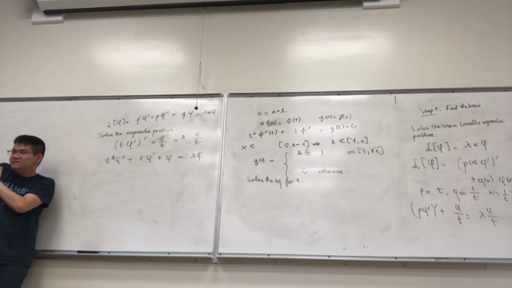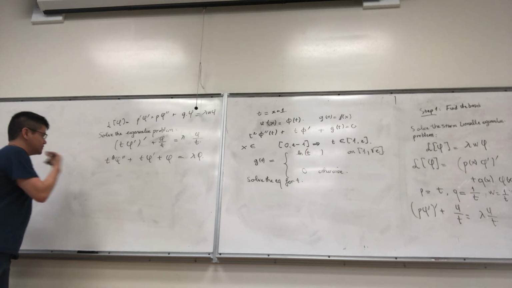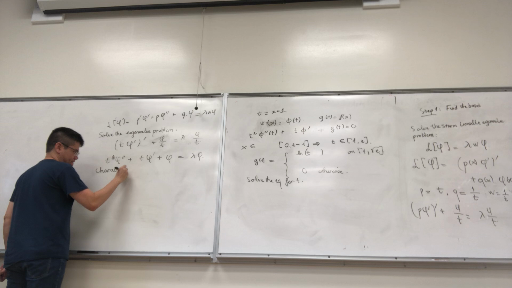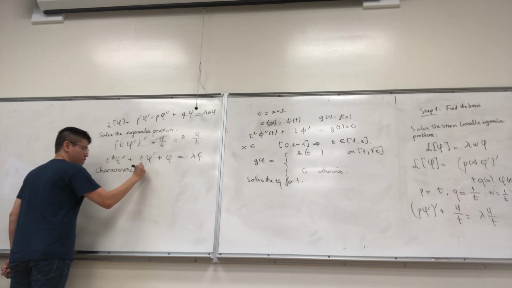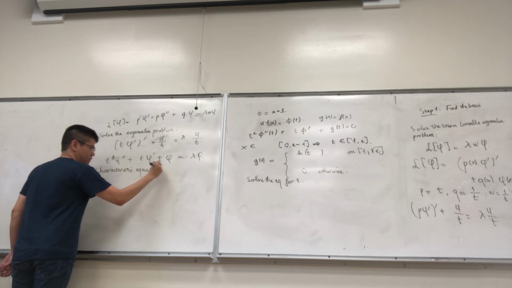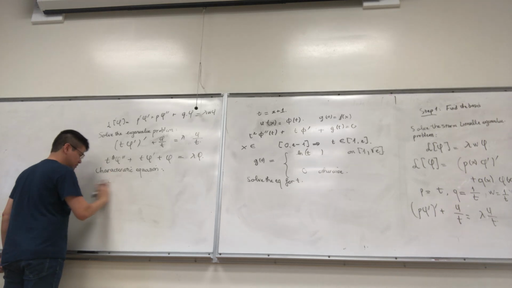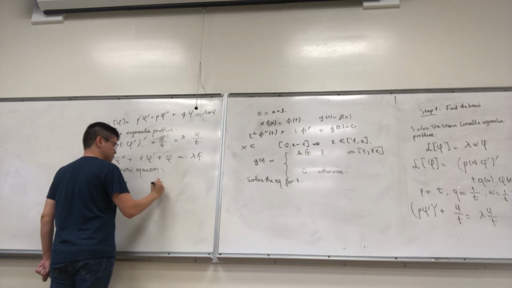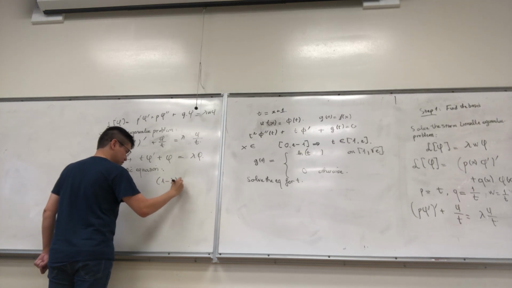It's good? Now, how can I solve this problem? Yes, you have to make the characteristic equation. Right. So the characteristic equation takes the form T r squared plus 1 minus lambda is 0.